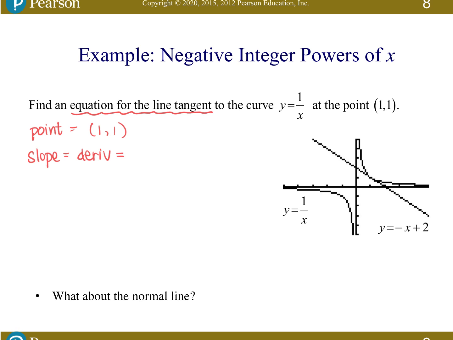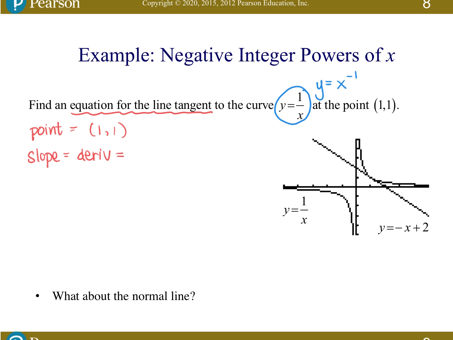It's written as a hyperbola. So I need to change this function into a function that would be written as a power. And the power is going to be x to the negative 1 power. Once it's written as a power, you can use the power rule, but you can't use the power rule until you've written it as a power.